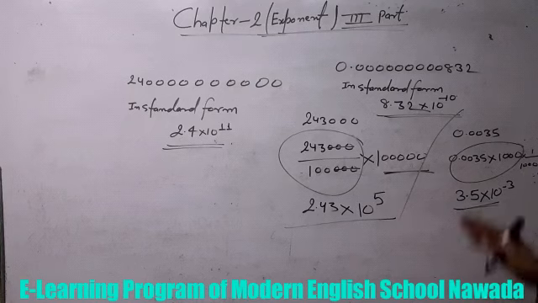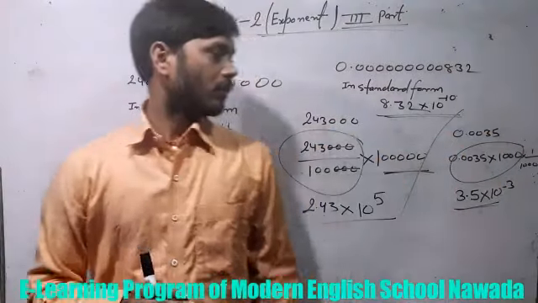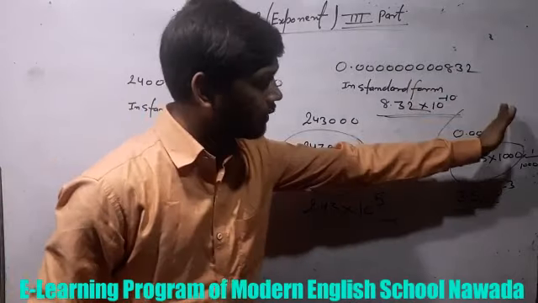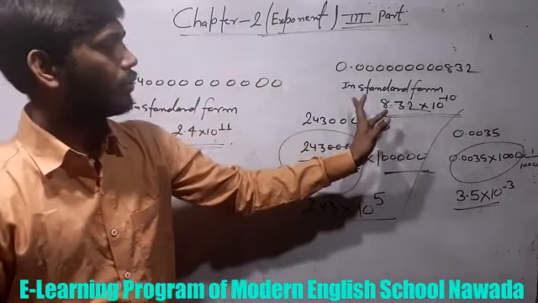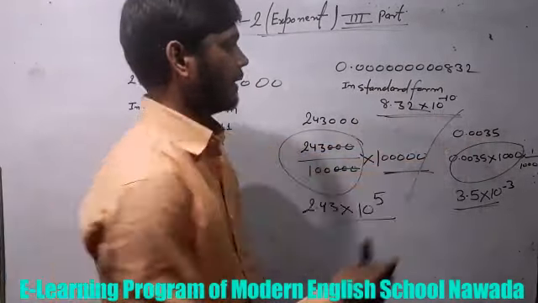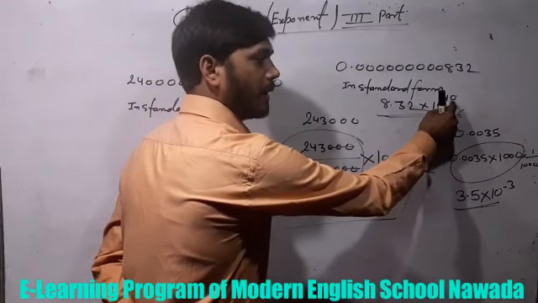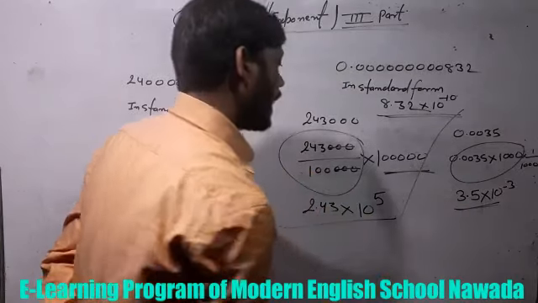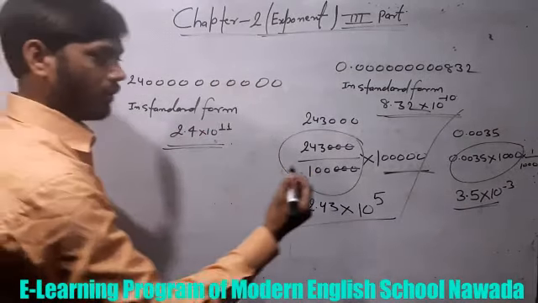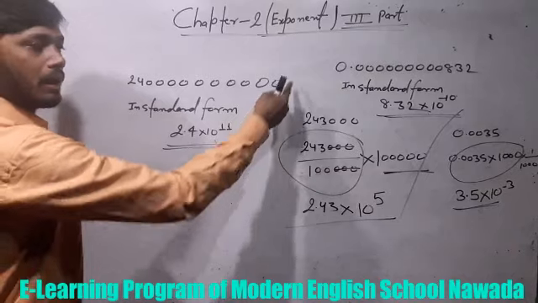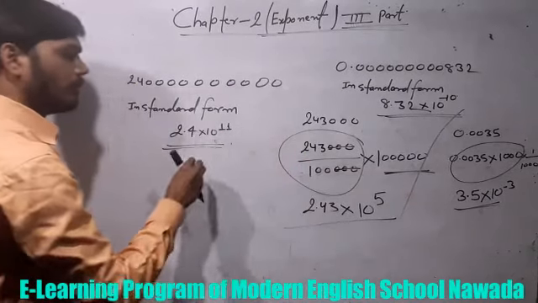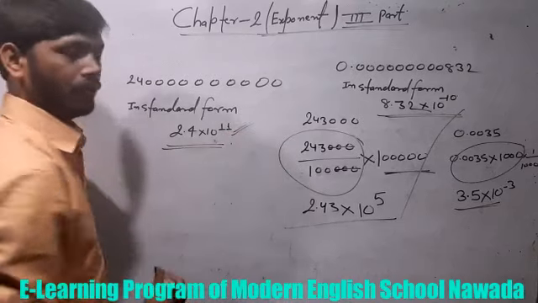So when the point moves from left to right, you give the power negative, and when the point comes from right to left, then you give the power positive.